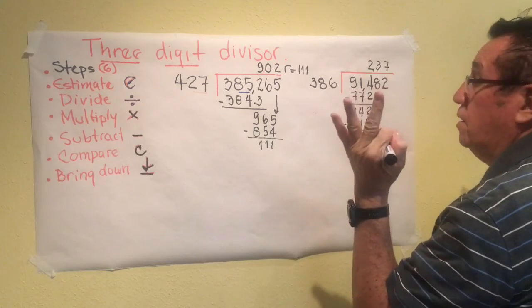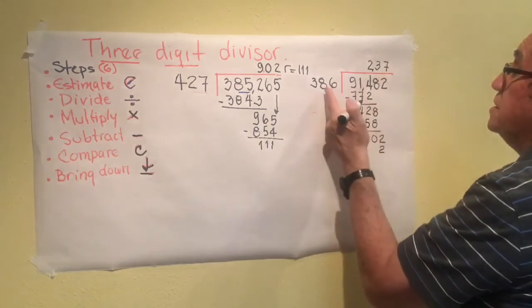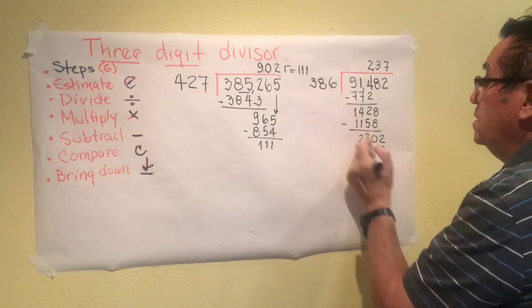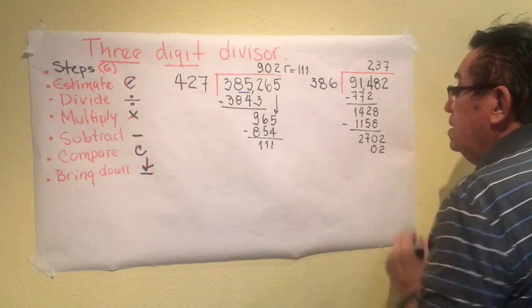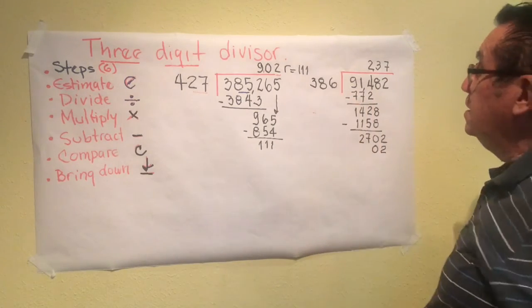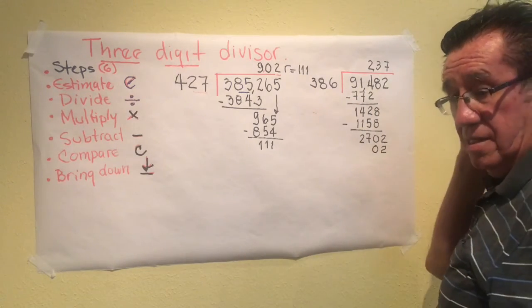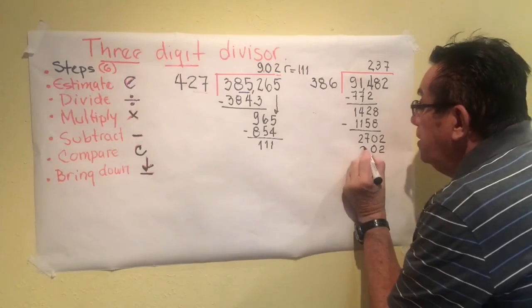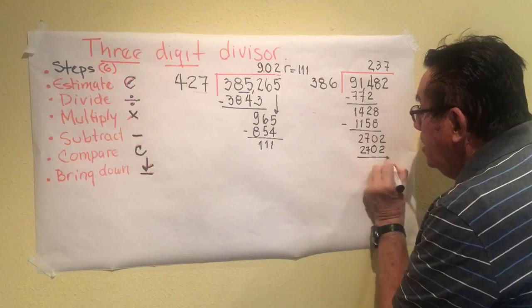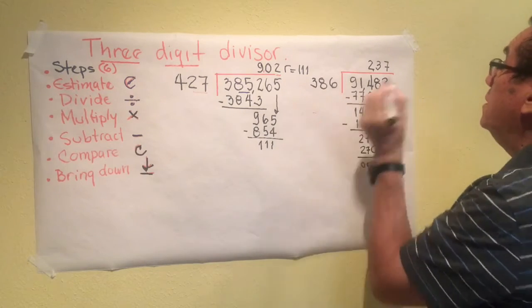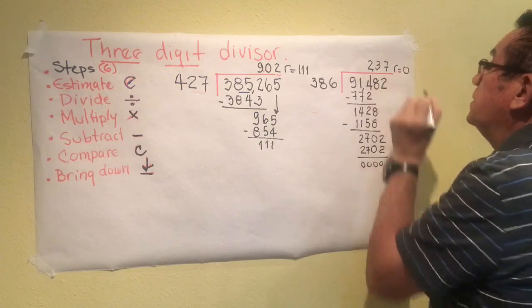I take 4. 7 times 8 is 56, plus 4 is 60. So I take 6. 7 times 3 is 21. Plus 6, 27. Oh, 0, 0, 0, 0. So my remainder is 0.